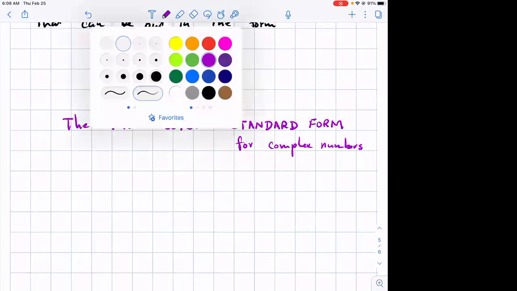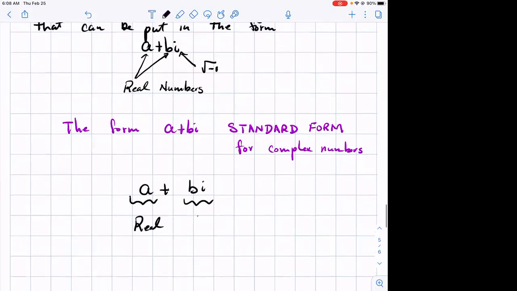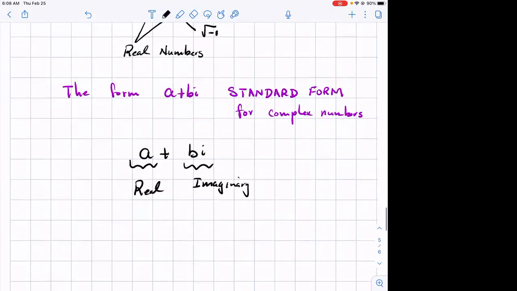So a plus bi, we say that this part here is the real part, and this part here is the imaginary part. So a complex number has a real part and an imaginary part to it.